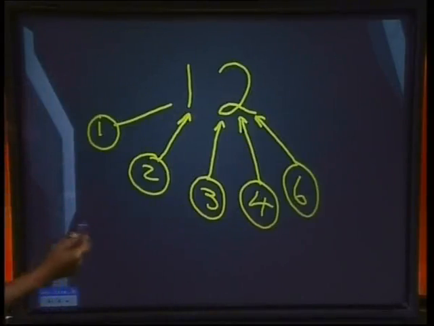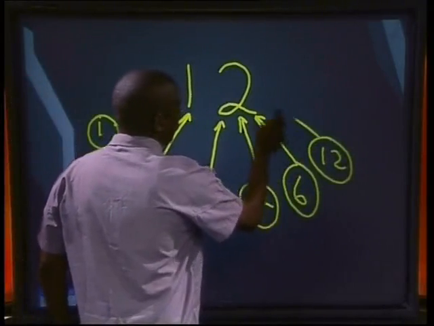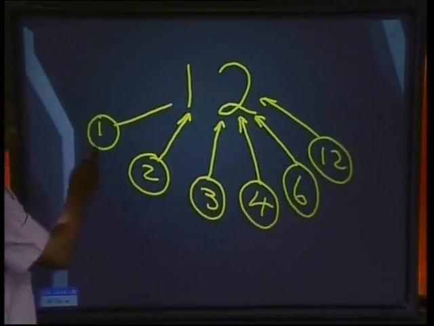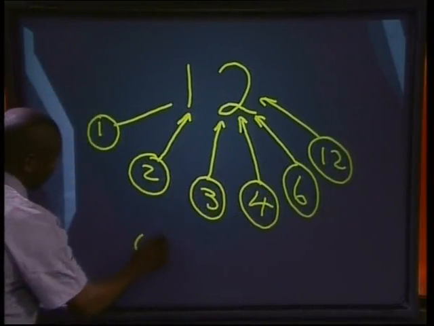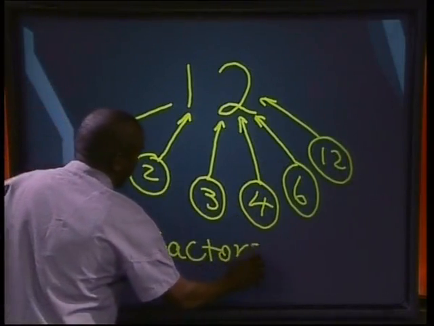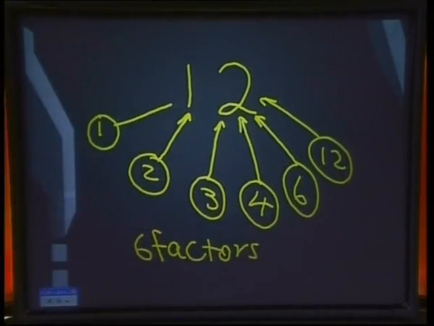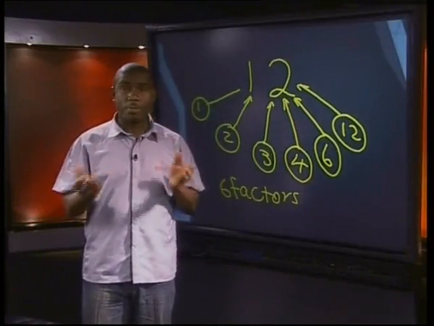And 12 can divide into 12. So how many factors do we have? 1, 2, 3, 4, 5, 6 factors. We saw that 12 has 6 factors. That means 12 is not a prime number.